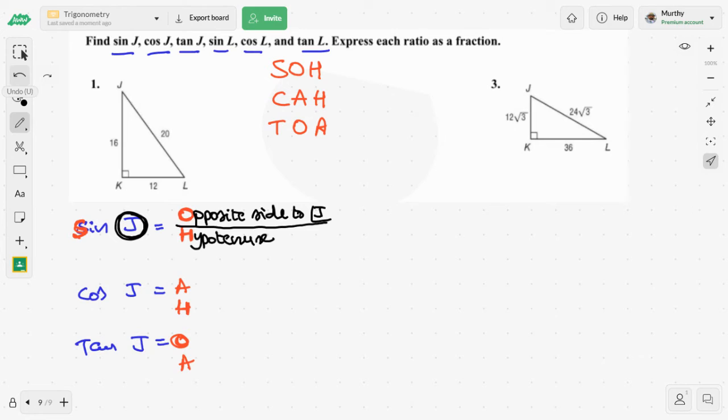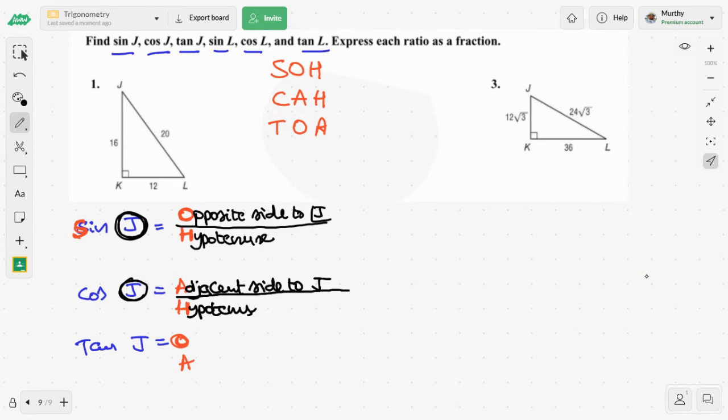But when it comes to opposite side and adjacent side, this leads to some confusion. That's the reason I always suggest you write including the letter, like adjacent side to J, or hypotenuse.